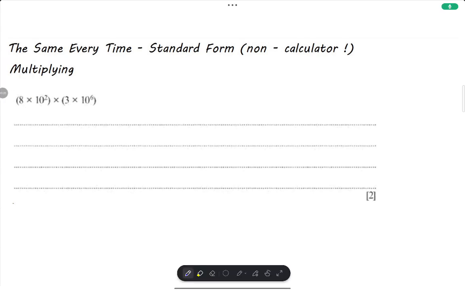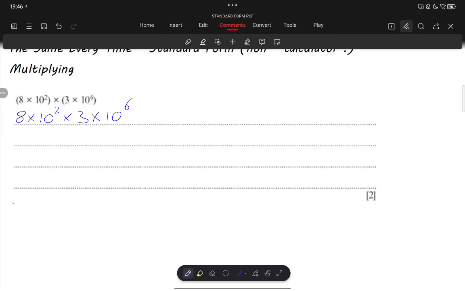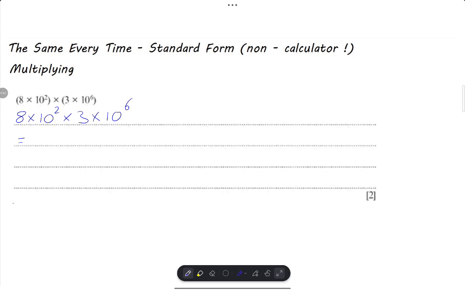So in this non-calculator question, we've got (8 times 10 to the power 2) times (3 times 10 to the power 6). Now we've got these brackets in here, but we don't actually need the brackets to do the question. So we can write it again without the brackets: 8 times 10 to the power 2 times 3 times 10 to the power 6. All we have to do is multiply the numbers together, and then multiply the powers of 10 together.